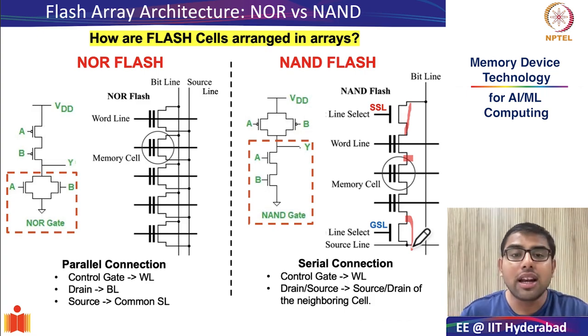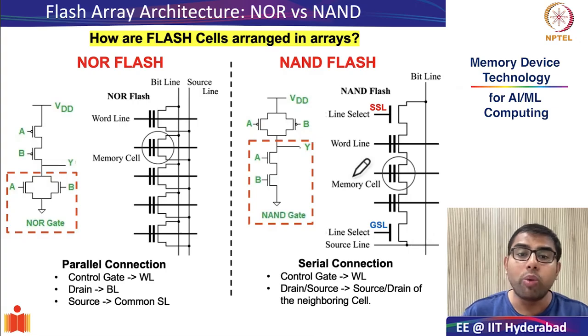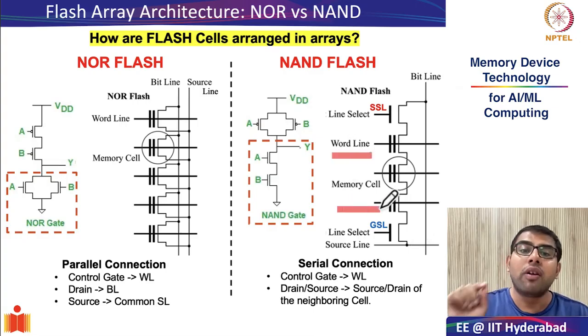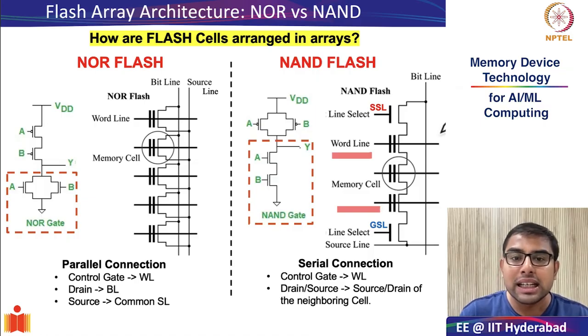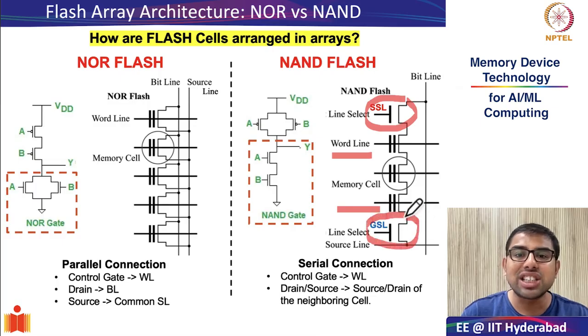Just like in a NOR flash cell, however, the word lines for each of the cells which are fed into the control gate are unique. Now, important to note over here is that the beginning of the string and the end of the string actually do not consist of flash cells. How do we say that?